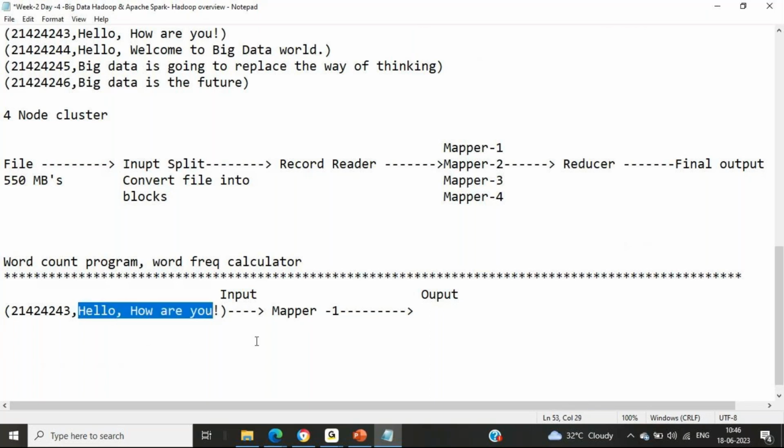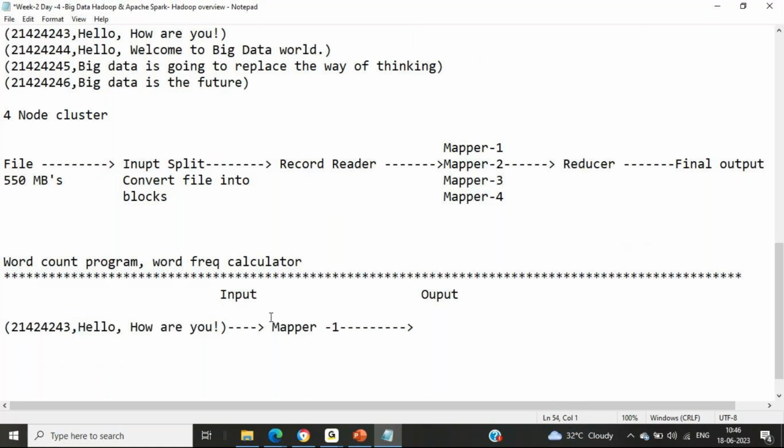Say if we are feeding this to the mapper, what will be the outcome from the mapper? Say hello comma 1, this is the first word, and how comma 1, r comma 1. It has been split, and now we are having unique words, r comma 1 and u comma 1.